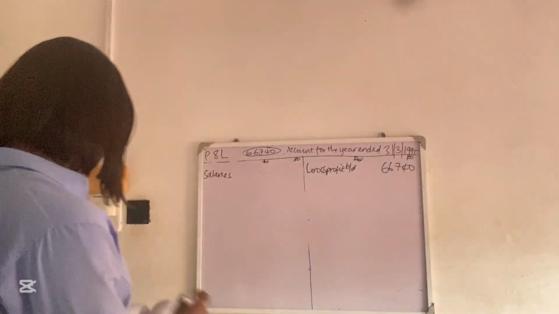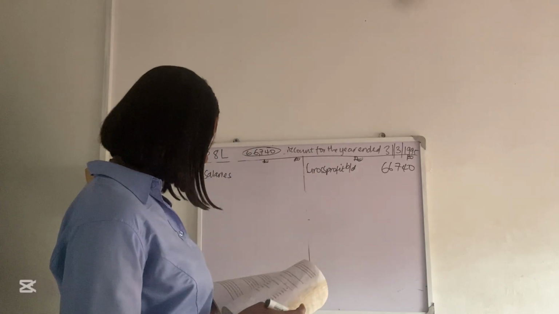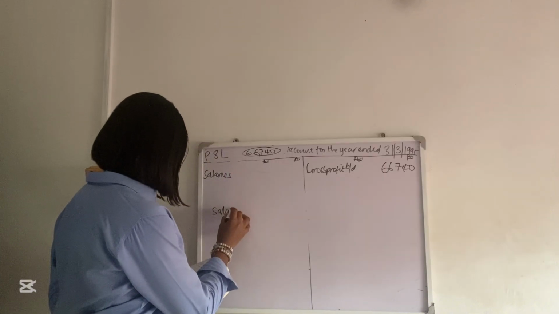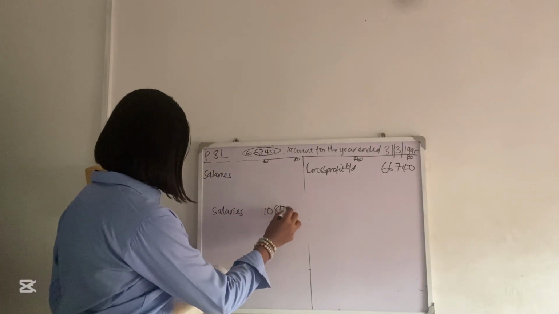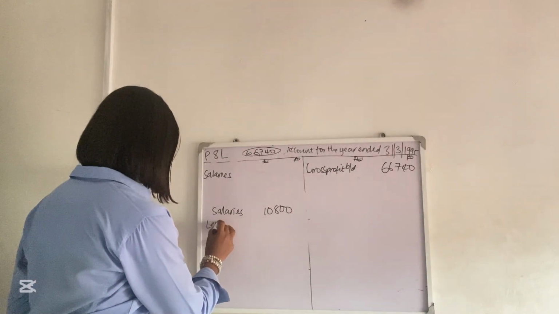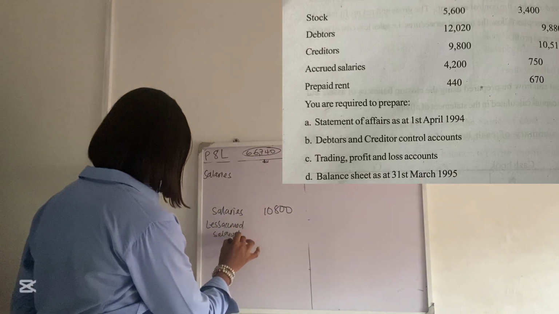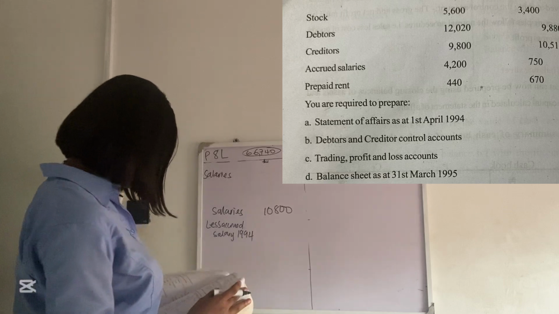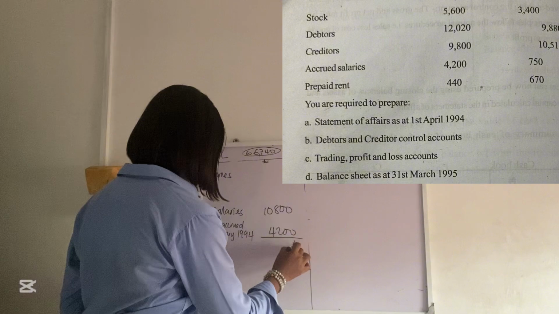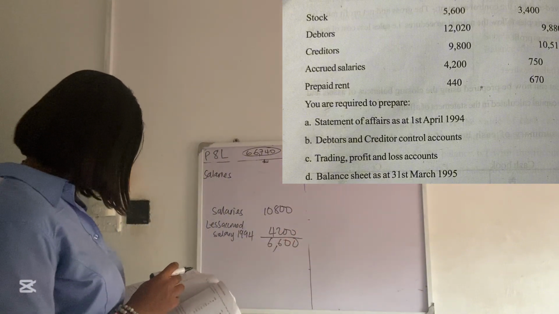So let's move forward. Salaries in the cash book was 10,800. Now in the accrued salaries, like I said, you less owing of last year. So less accrued salary of 1994, which was 4,200. That will give you 6,600.